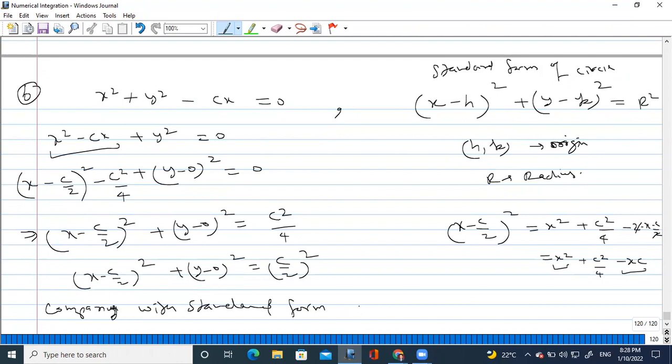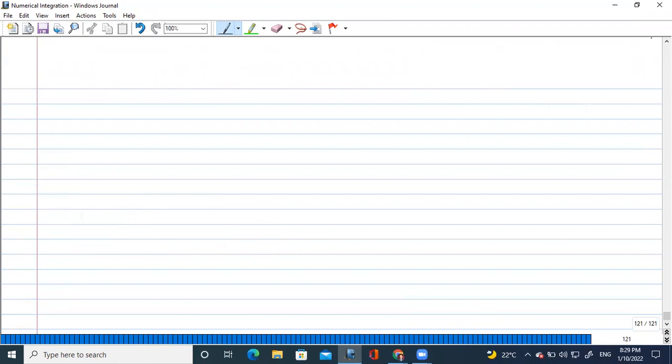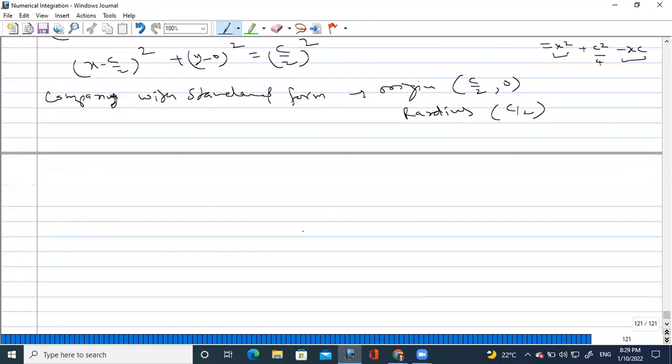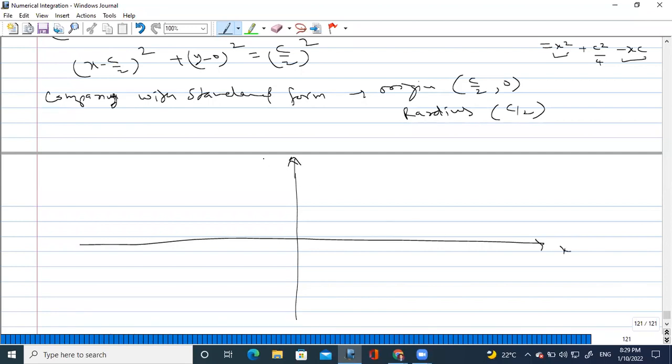If you compare it, then the center will be c by 2 and 0, and the radius will be c by 2. So like this you get it. Now you can plot it. So we can plot it simply, x, y.